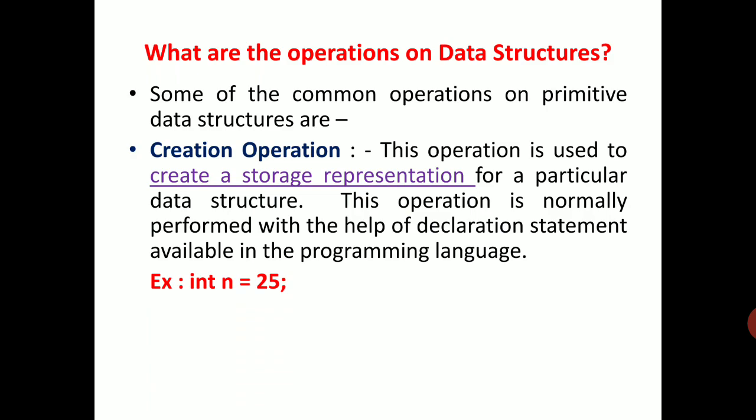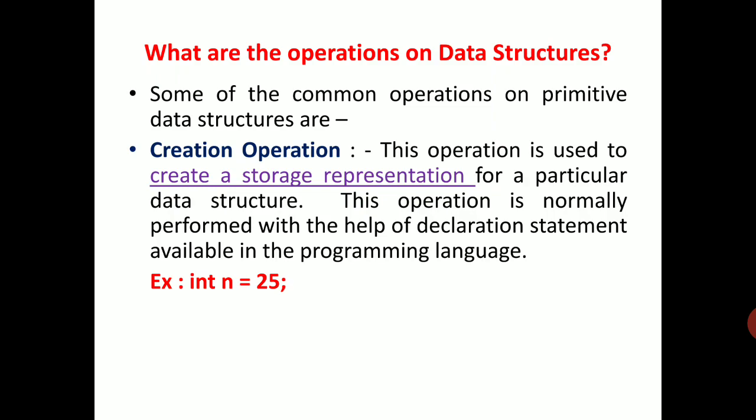The create operation is used to create a storage representation for a particular data structure. This operation is normally performed with the help of a declaration statement available in the programming language.